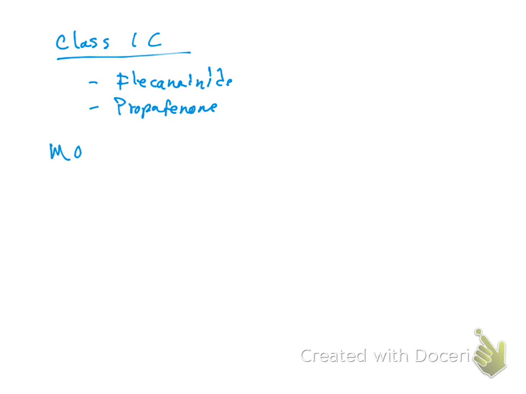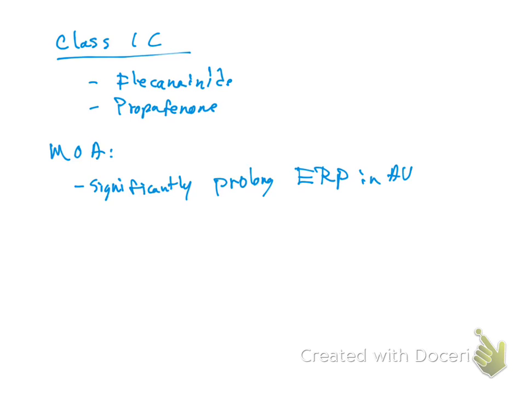What is the mechanism of action? This one significantly prolongs your effective refractory period, which is ERP, in the AV node.